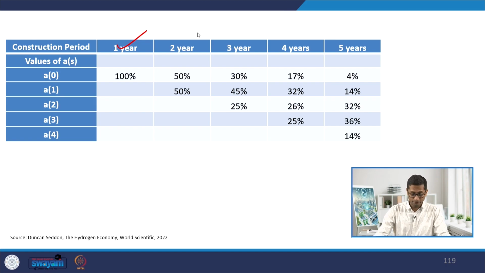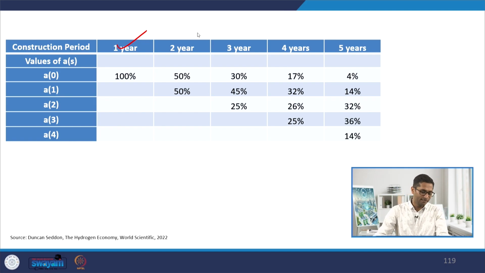For 4 years we are giving a bifurcation, and similarly for 5 years. It may or may not be exactly equal to these numbers, but these are the normal correlations adopted for the installation of a process plant whose construction is spread over 1 to 5 years. So normally we are envisioning that the capital expense would not go beyond 5 years.